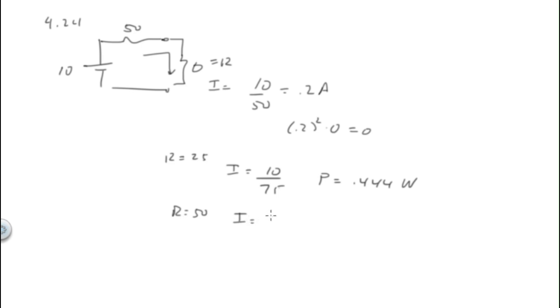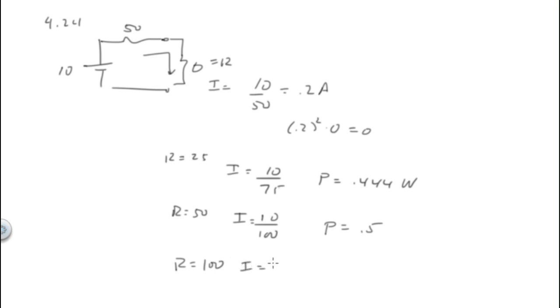R equal 50. I equals 10 divided by 100, or 0.1. P is equal to I squared, now square that, times 50, or 0.5. So power is equal to 0.5. Now I go to R equals 100.